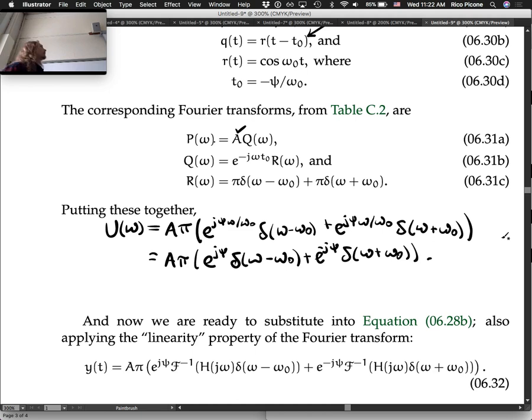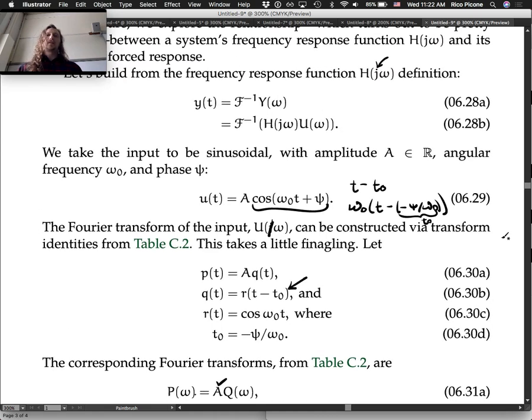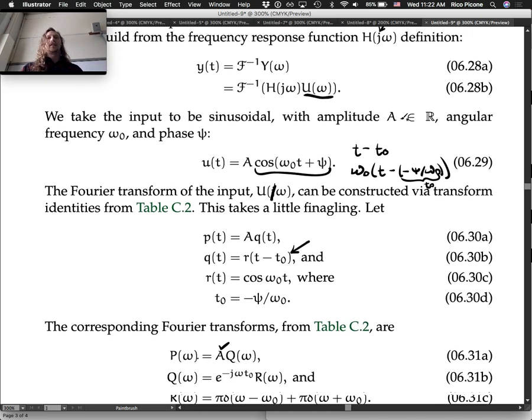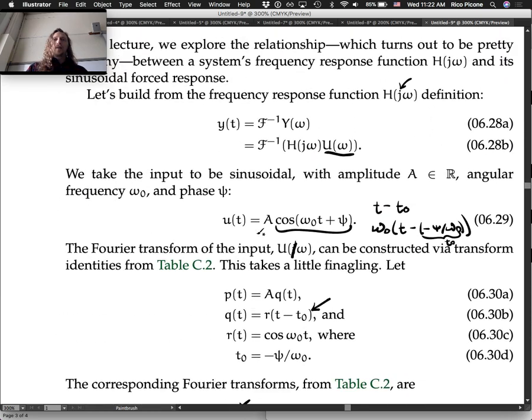Okay? So now we're ready to substitute this into 628. What we've been doing is deriving this u of omega, right? So now we're ready to plug in for u of omega. And our y of t is equal to our u of omega gets inserted there, h of j omega.